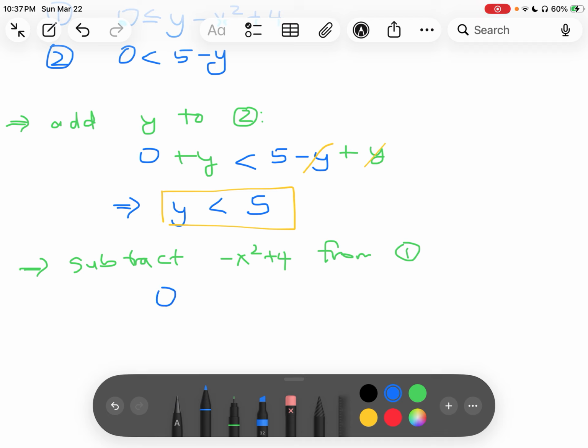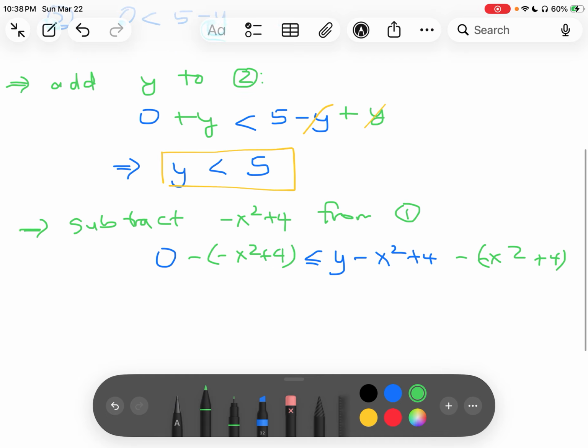We have 0 less than or equal to y minus x squared plus 4. And I want to subtract that, right? So minus x squared plus 4. Okay, and so why did I do that? Well, really, I wanted to just cancel this stuff out, right? So I can move it to the other side.